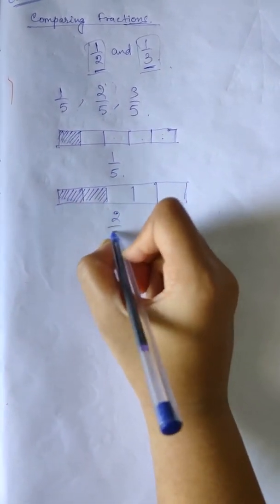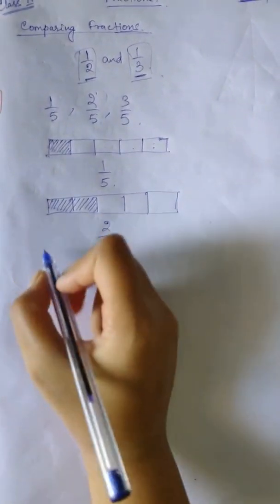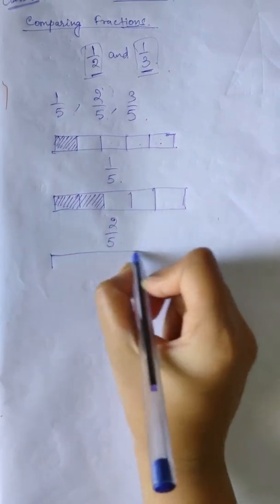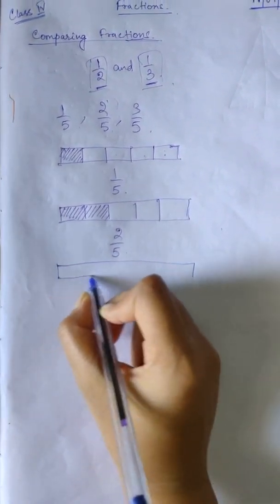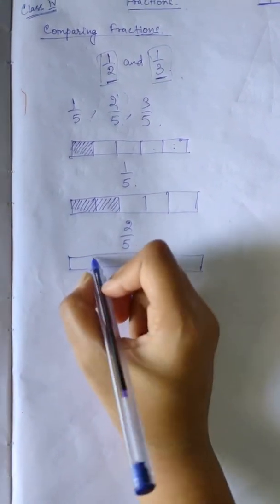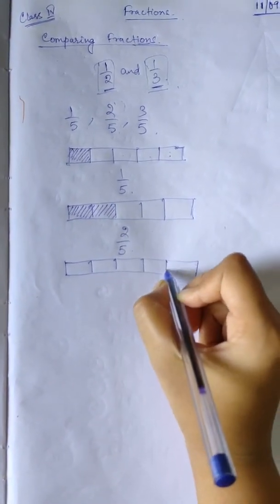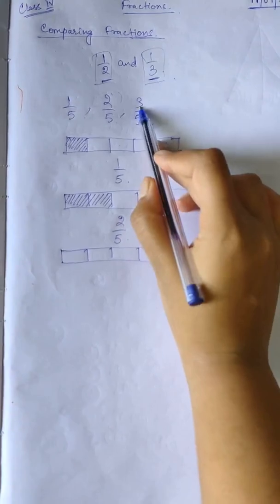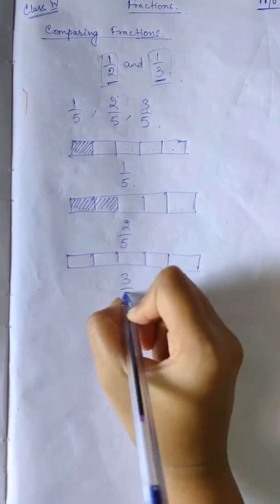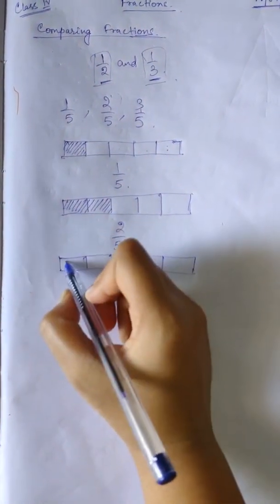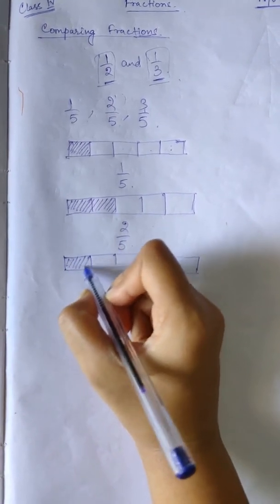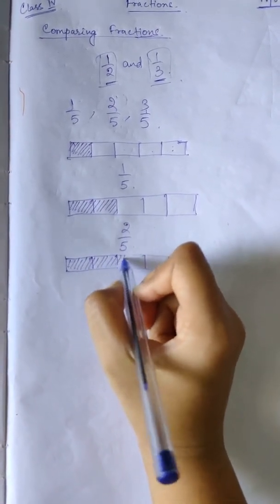This one is 2 by 5. Next, let us draw the same bar again. This time also we will divide it into 5 equal divisions, because here we need to get 3 by 5. For 3 by 5 we will shade the first three parts.